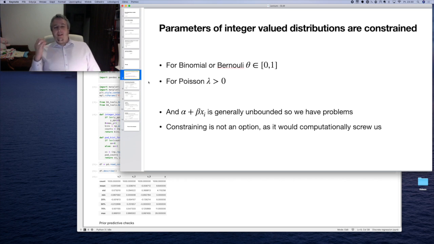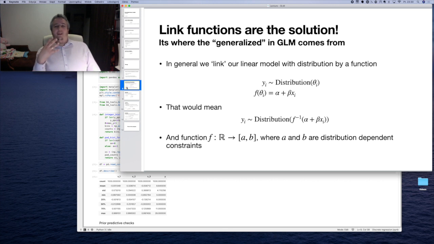So let us focus on different options, and these options are so-called link functions. Link functions are where the "generalized" in GLMs comes from, because we still use our linear combination of predictors, but this linear combination will be a value of a certain link function of parameter theta, and this parameter theta is used in the distribution.